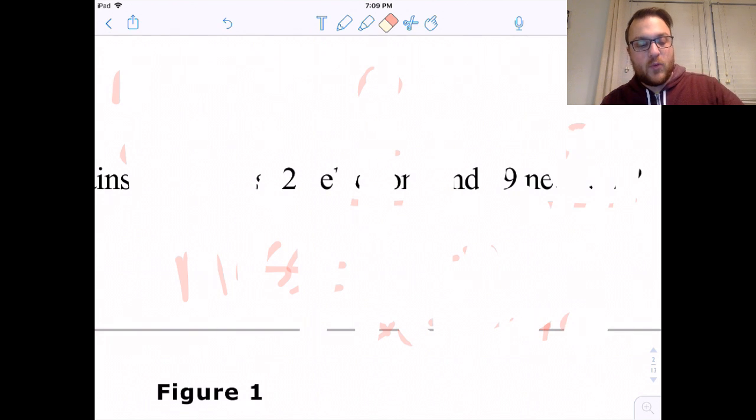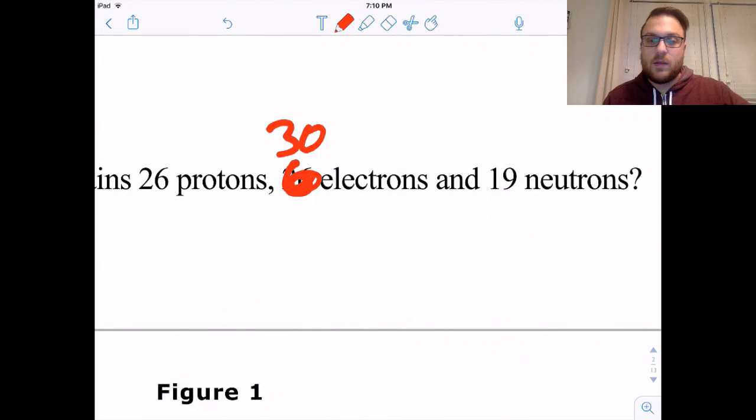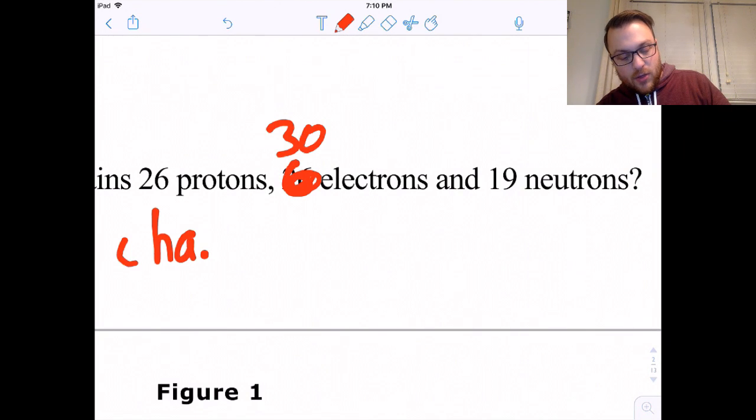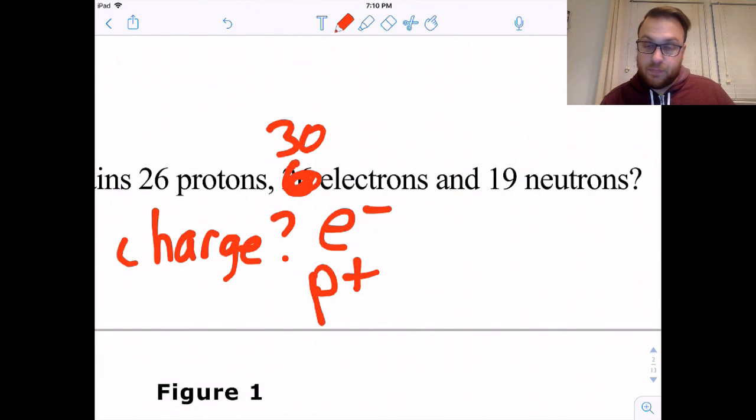Let's make up a few examples. Let's say, instead of the problem having 26 protons and 26 electrons, let's pretend that it had 30 electrons. How would you get the charge? Electrons are negative. Protons are positive.